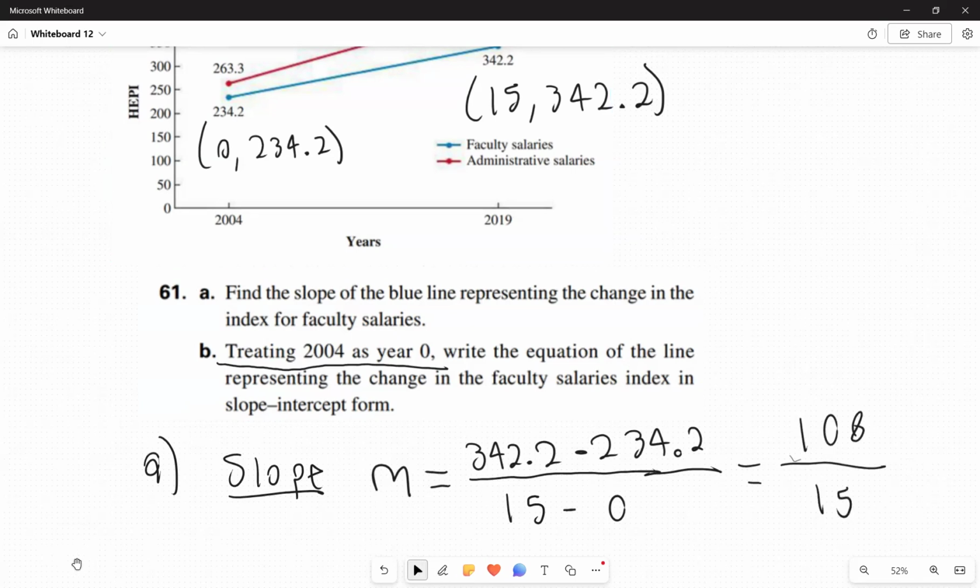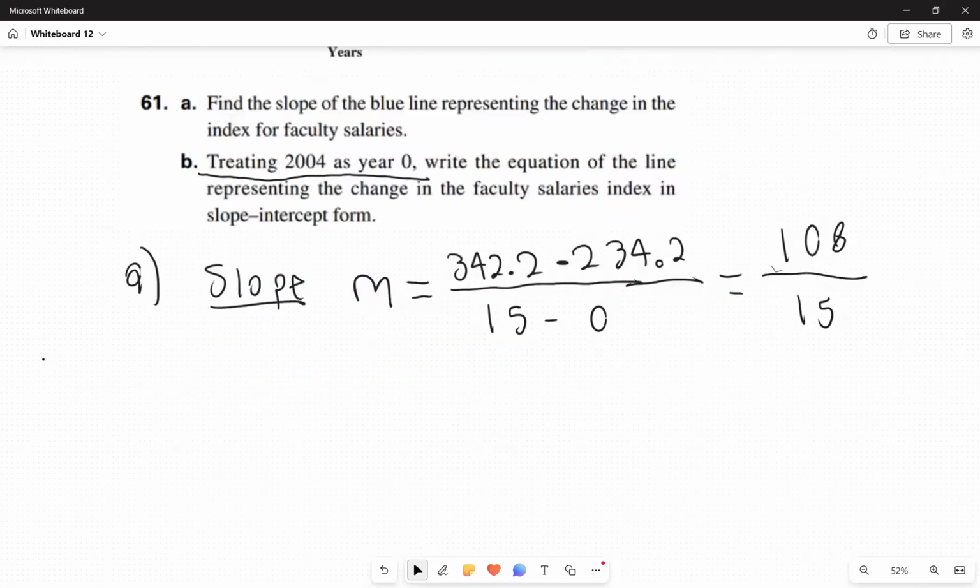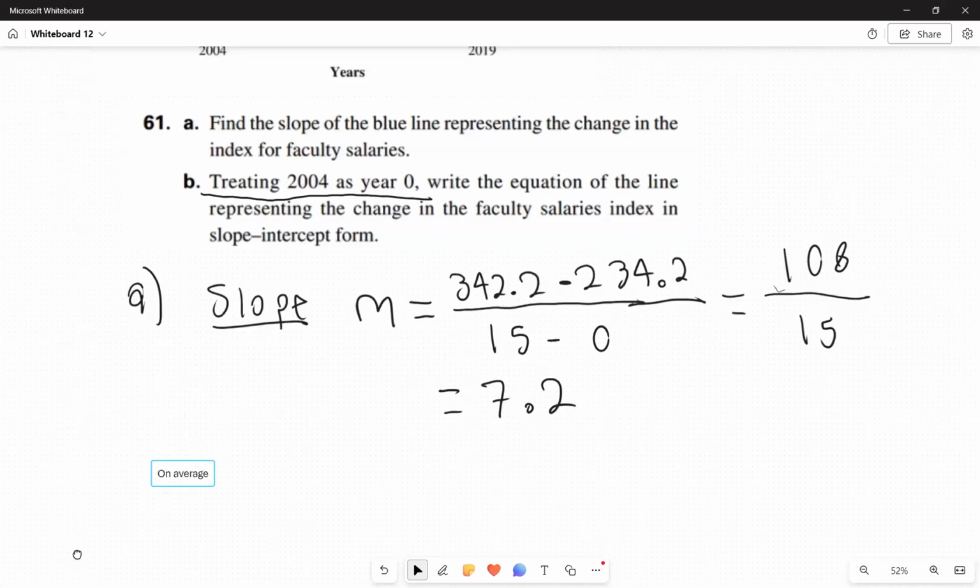And this is 7.2. So that's the slope. Now, the slope tells you that on average, the index increased by 7.2 points per year.